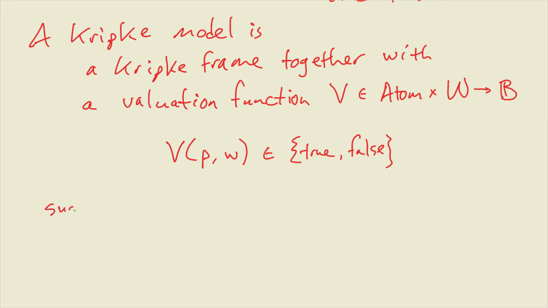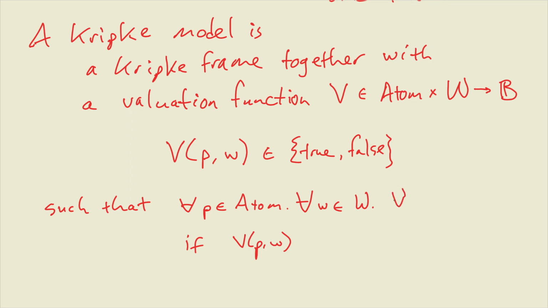So you say such that for all atoms, I could write this way, and for all worlds W and all worlds W prime such that W prime is in the future from W. Now I'm sort of writing a mix of meta-level logical notation and English, so maybe I'll just write fully meta-level mathematical notation.